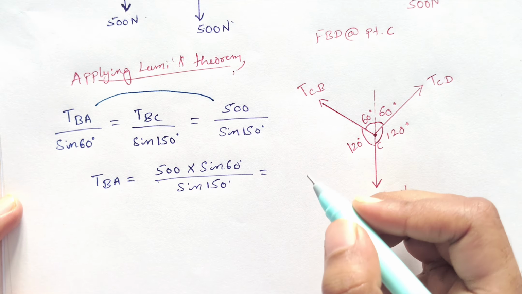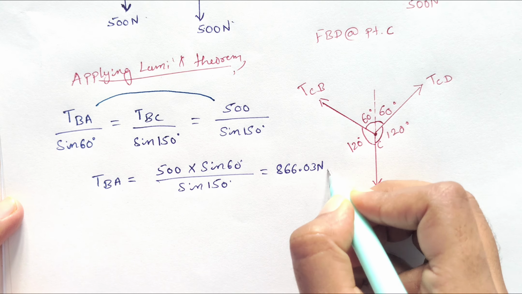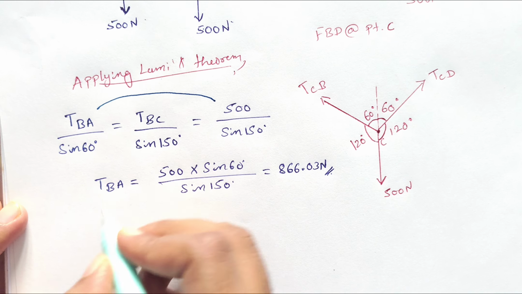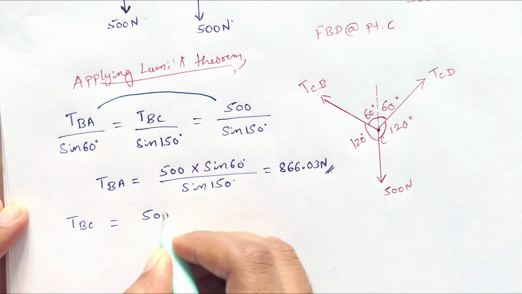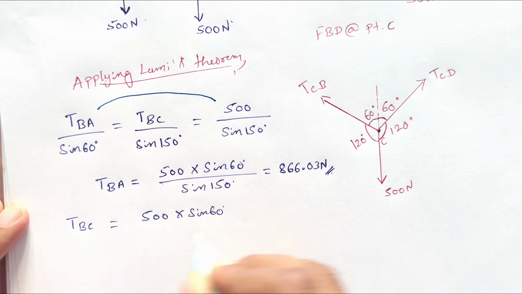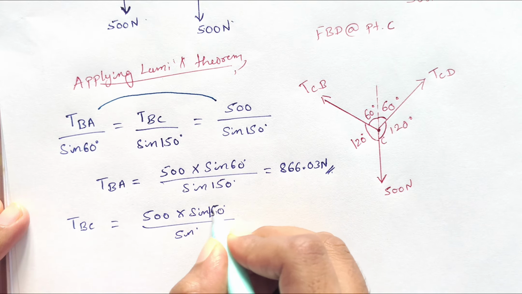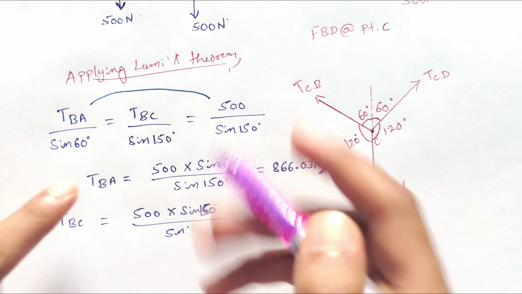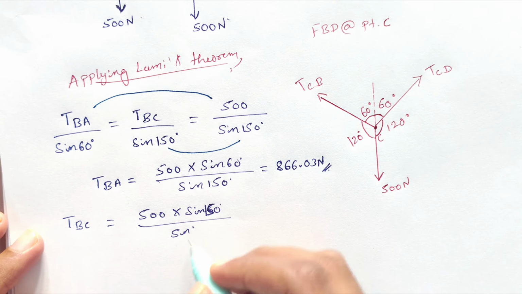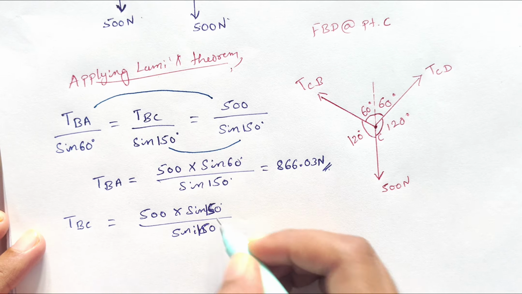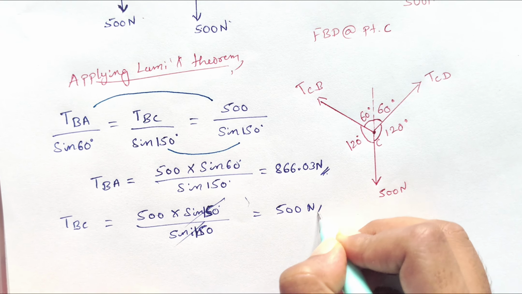So you will get the TBA value as 866.03 Newton. Now similarly do it for TBC: 500 times sine 150 divided by sine 150. This will get cancelled, so it will be 500 Newton.